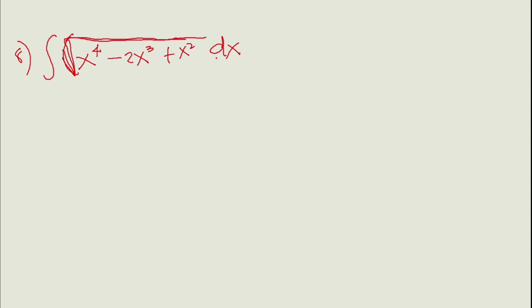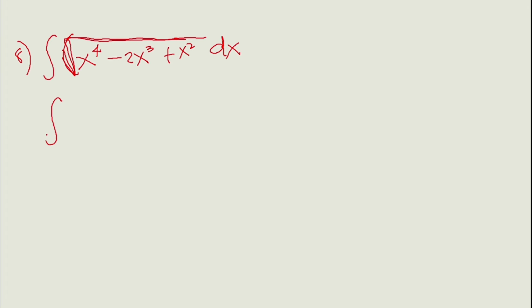In number 8, we have the square root of x raised to 4 minus 2x cubed plus x squared dx. The attempt that we're going to do here is to factor.